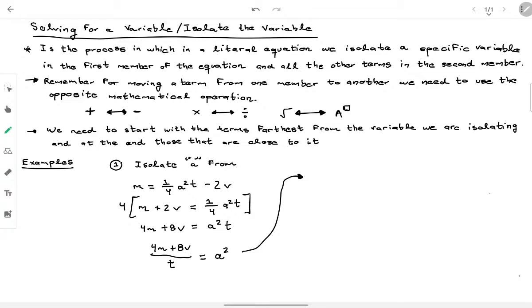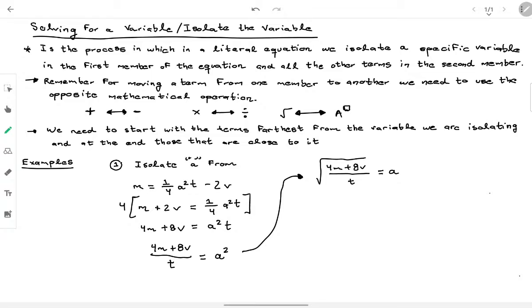Remember, a power goes to the other side as a specific root, in this case the square root. So it's going to be the square root of 4m plus 8b over t equals a.